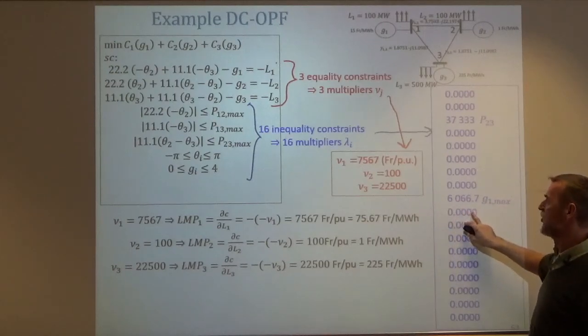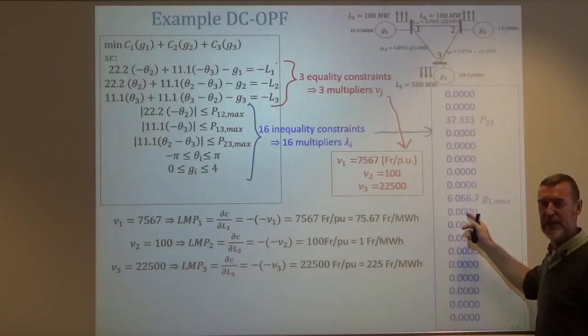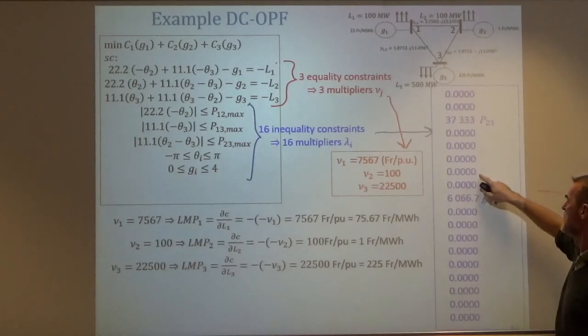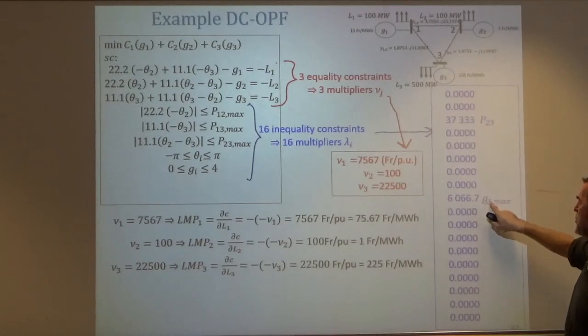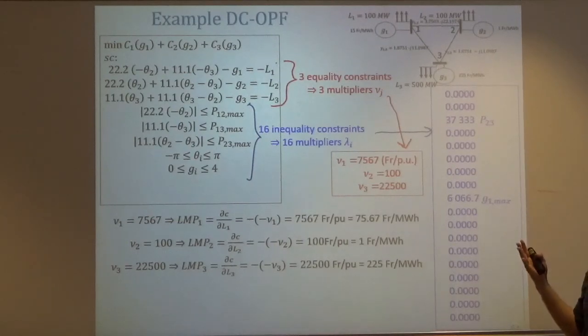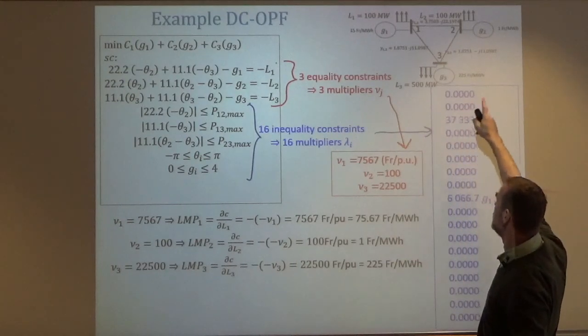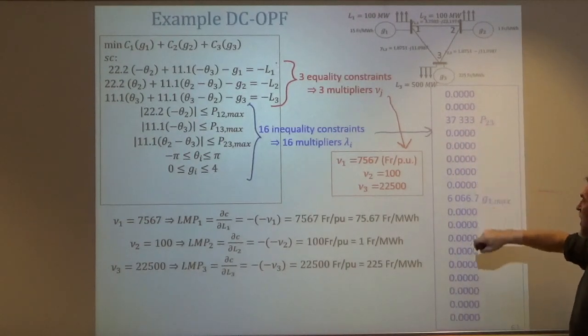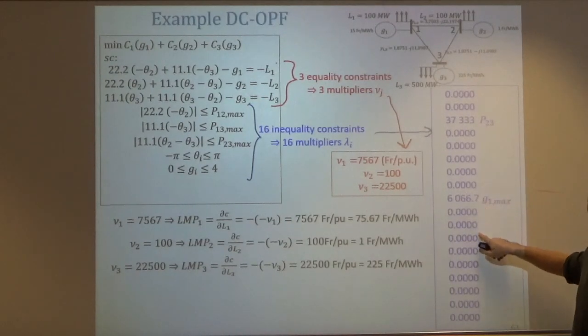And if they are 0, the inequality is not binding. That means at the optimal solution, the inequality is strict. All inequalities are strict, except those two, which is for P2,3 and for G1 max. So that also gives us the information. That means, what are the bottlenecks in this system? The bottlenecks are the capacity of the line 2,3, and the capacity of the generator 1. All the others are not limiting at this operating point.